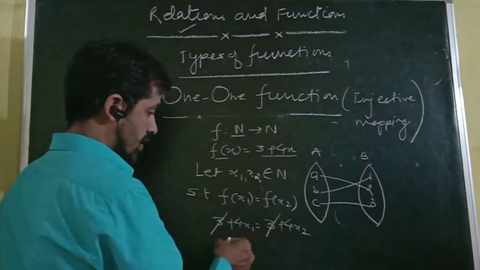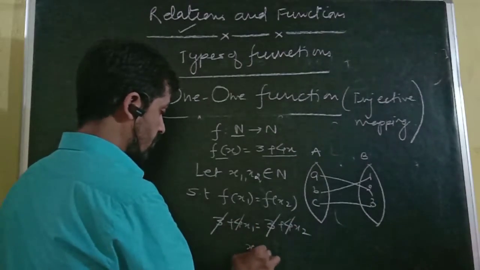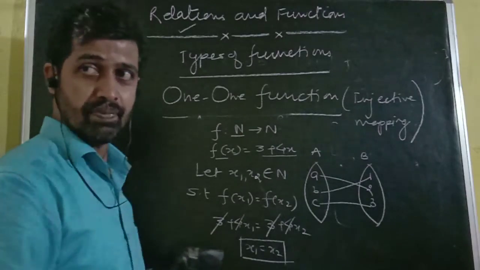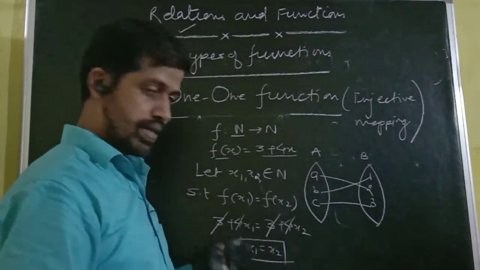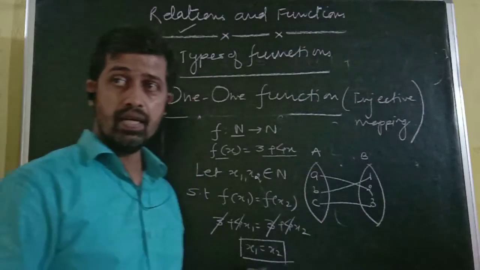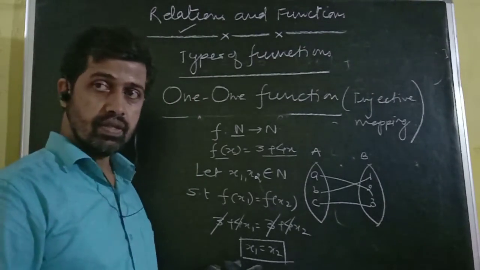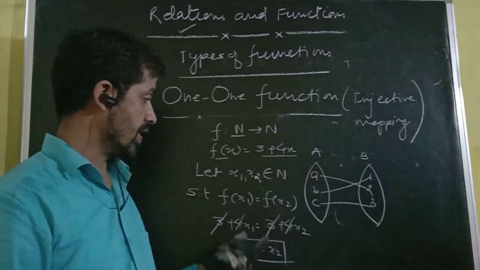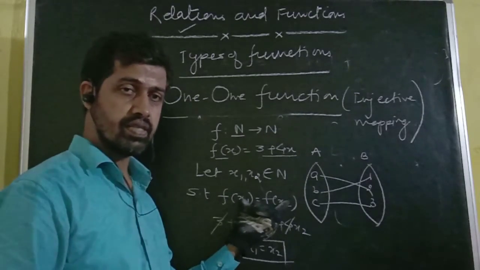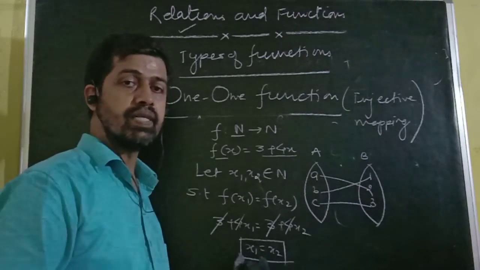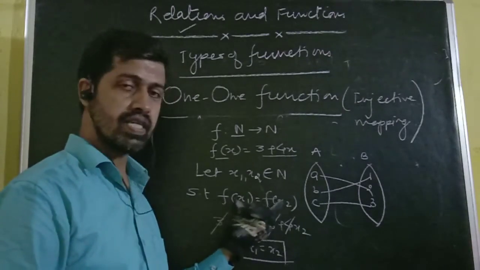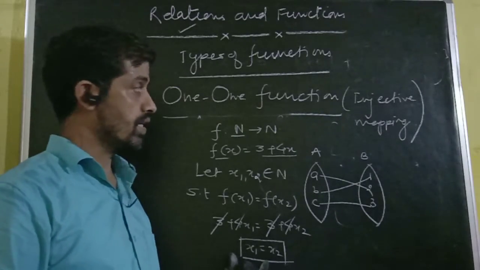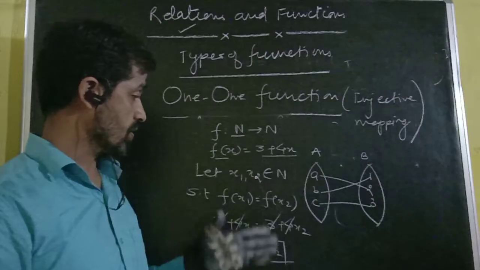Cancelling out 3 and further cancelling out 4, it is reduced to x1 equals x2. Now this one, x1 equals x2, we are getting. So this implies that the images were the same, so are the elements. That's how we prove one-oneness or injective mapping for a function.